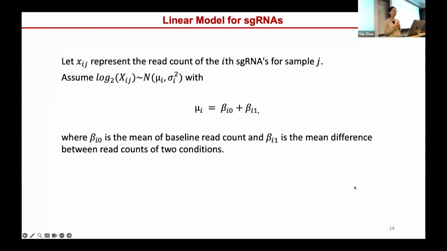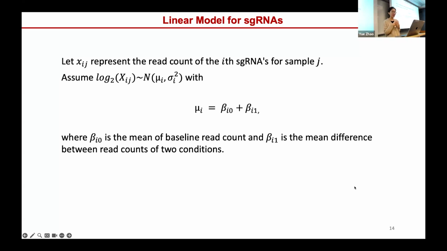So I will briefly go through some mathematical equations. Bear with me, it will be pretty fast. We model the guide RNA read count, actually the log2 transformed guide RNA read count, to follow a normal distribution with mean mu and variance sigma squared.